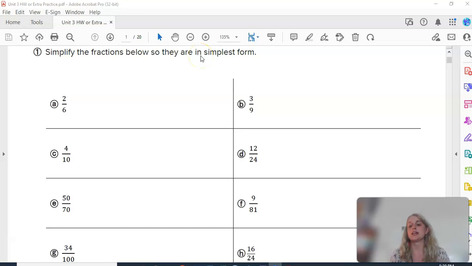I prefer that you have extra paper, you do all your factor rainbows on the extra paper, and then the only thing you actually put on this page is what you're going to divide it by, your fancy 1, and your answer. So if you have extra paper, you should be doing your factor rainbows for 2 and for 6 somewhere else. 2 times 1 is 2.